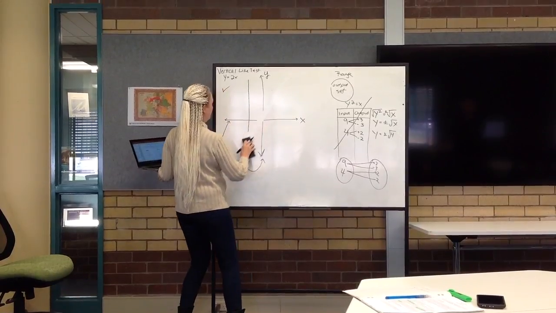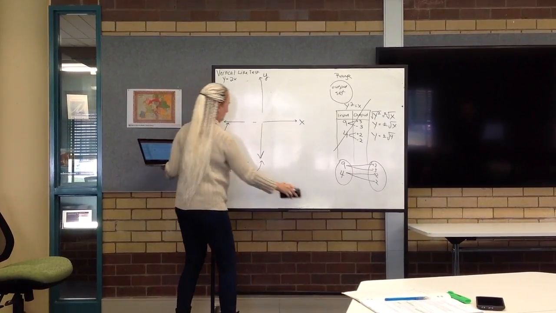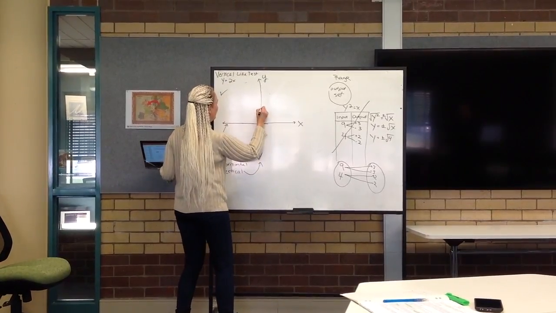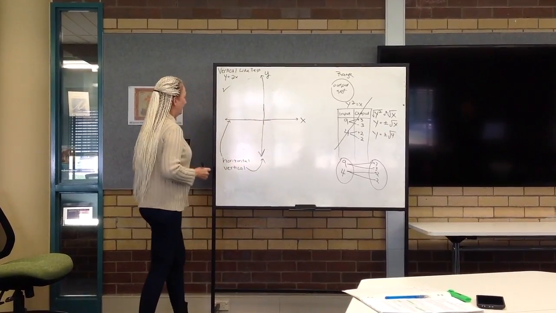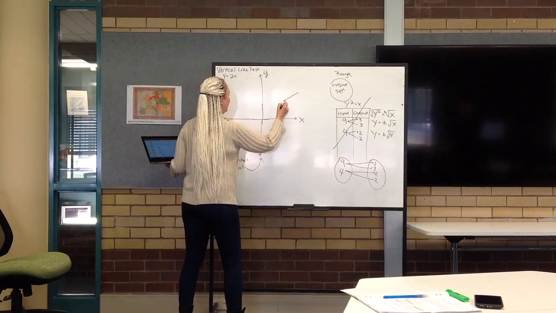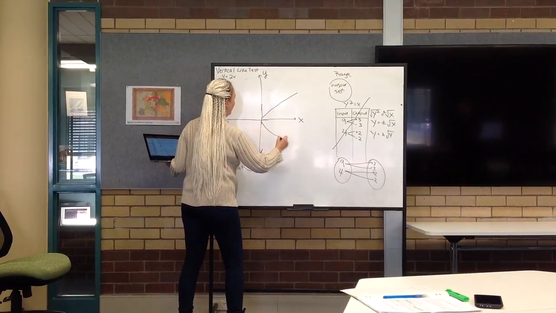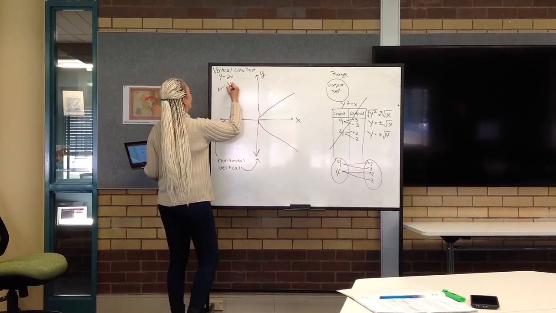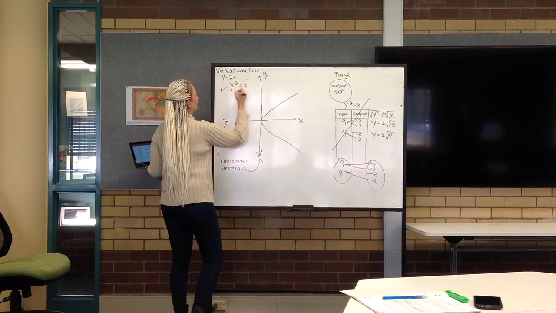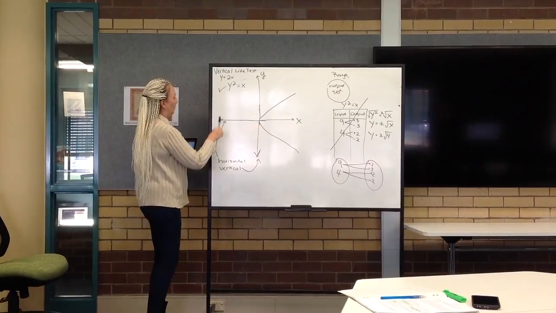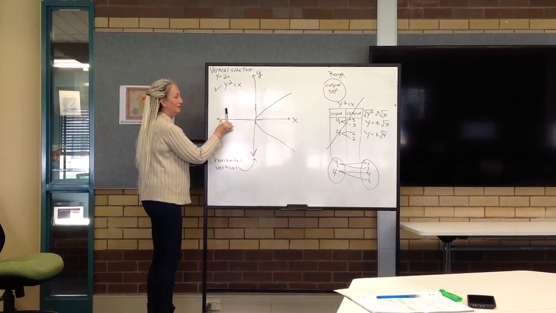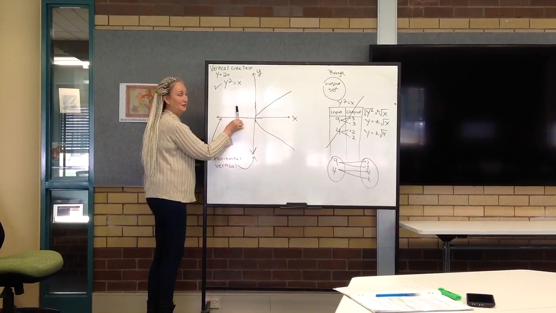Okay, let's look at a slightly different example. Very different example. I'm going to leave vertical and horizontal up there, so let's look at something that looks like this. That's y squared equals x. Now we're here. What's happening? Are we good?